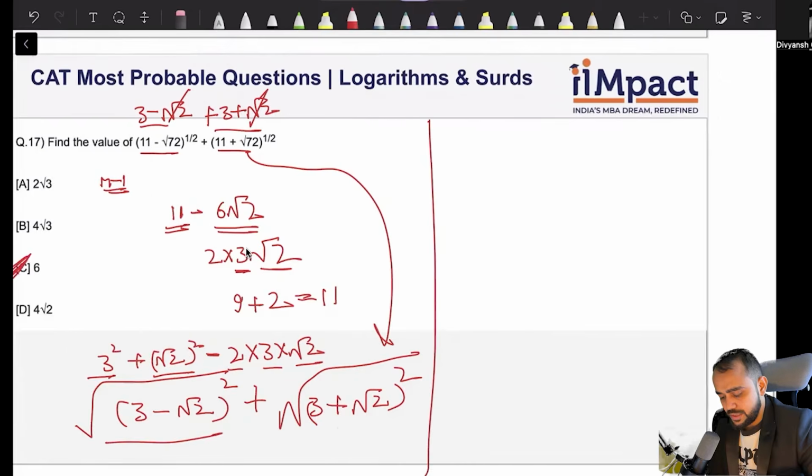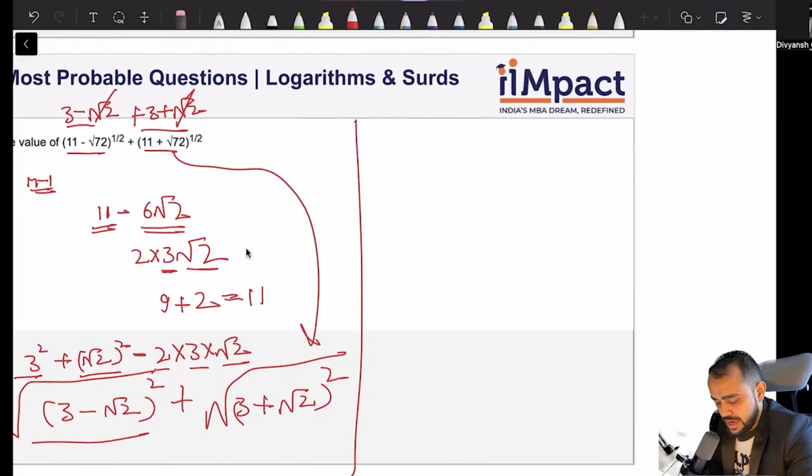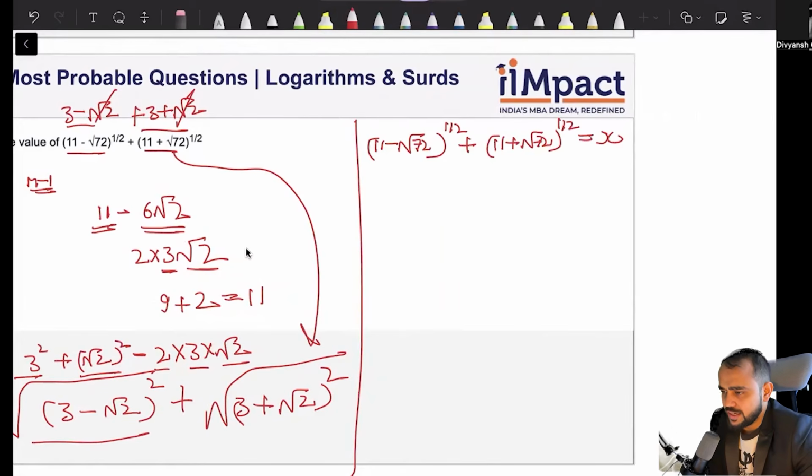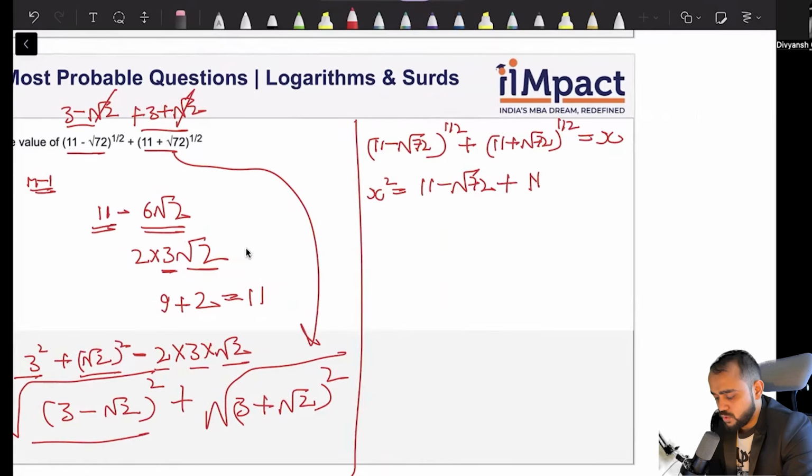Method number 2 would be that I square it. I say 11 minus root 72 to the power 1 by 2 plus 11 plus root 72 to the power 1 by 2 is equal to x. I need to find the x. I will do x square. So x square is going to be 11 minus root 72, that is a square, plus b square plus 2ab, which is going to be under root of a minus b into a plus b, which is going to be 121 minus root 72 square, which is 72.